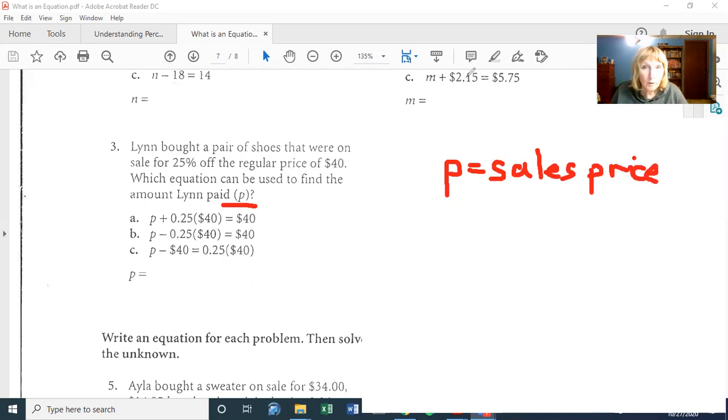Okay, and how do we find a percent off of a price? Well, we take the full price and we multiply it by the percent off, right? So the percent off is 0.25. That's how you write a percent as a decimal. So this is going to be the amount off.